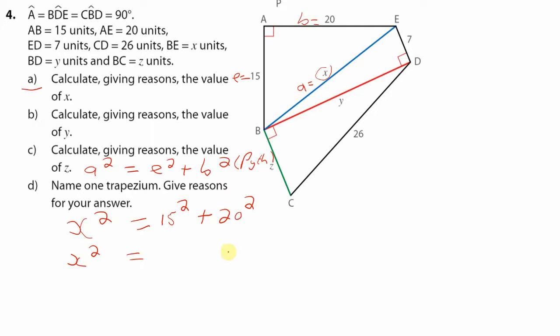Yes, it's 225. Okay, and what is 20 times 20? Yeah, 400. So now therefore x squared is equal to 625.